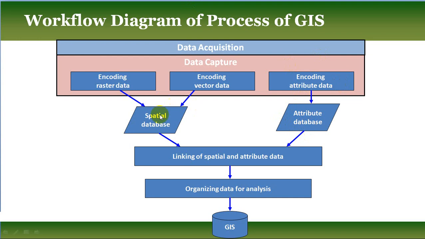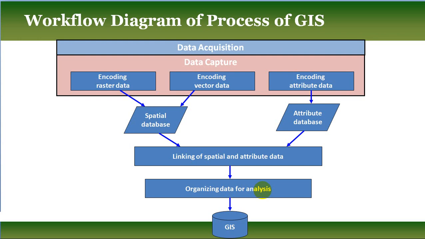Then finally we will join or connect both of these two databases, spatial and attribute database. So, linking of spatial and attribute data. Once this linking is complete, then organize data for analysis. That means now your data is ready for analysis.